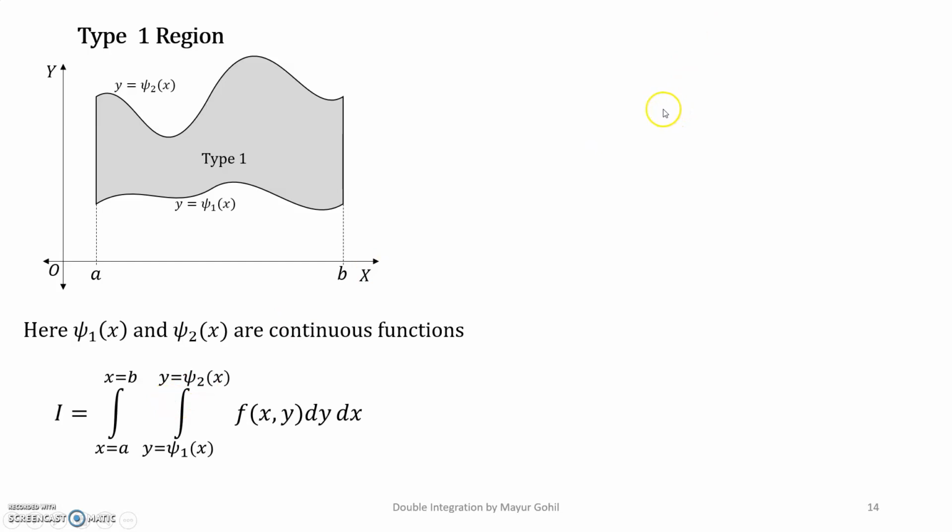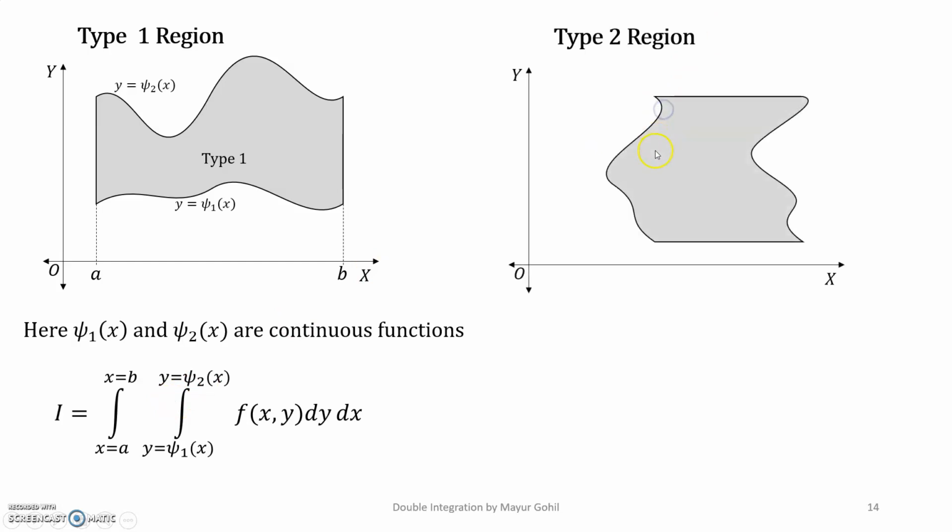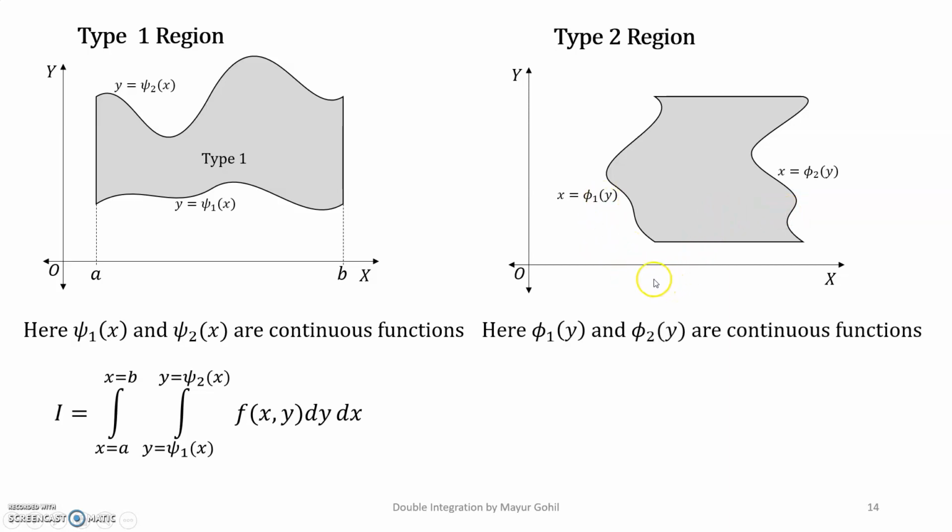Now let us see what is a type 2 region. Consider this kind of region, where x equals phi 1 of y and x equals phi 2 of y are the boundary curves. Again, phi 1 and phi 2 are both continuous functions. Now, if I take the projection or the shadow of such a region on the y-axis, then its shadow falls on the interval c to d.